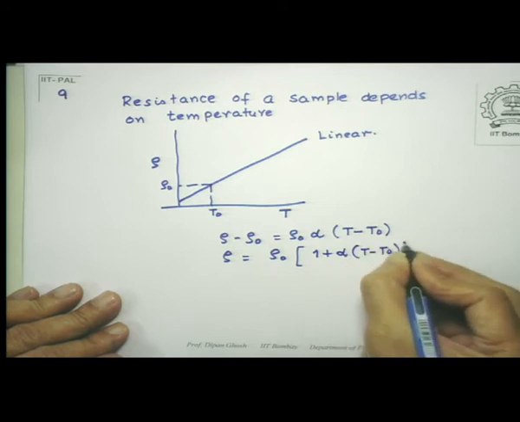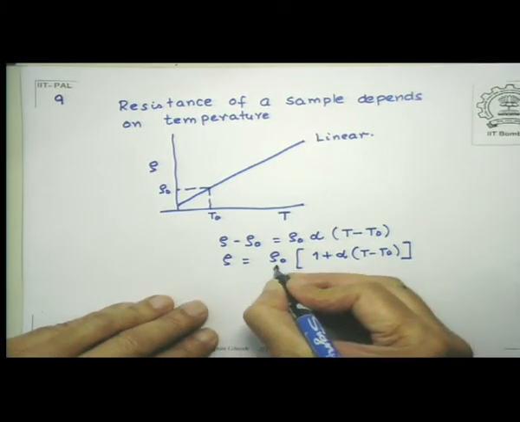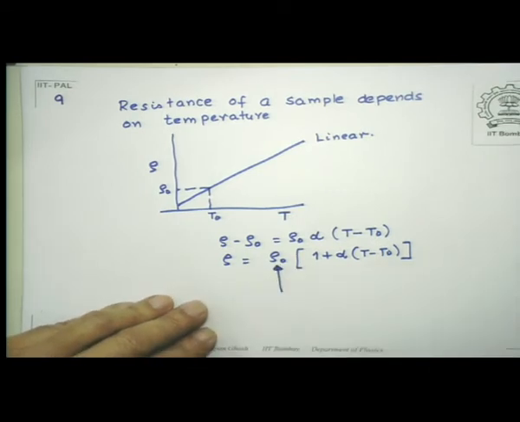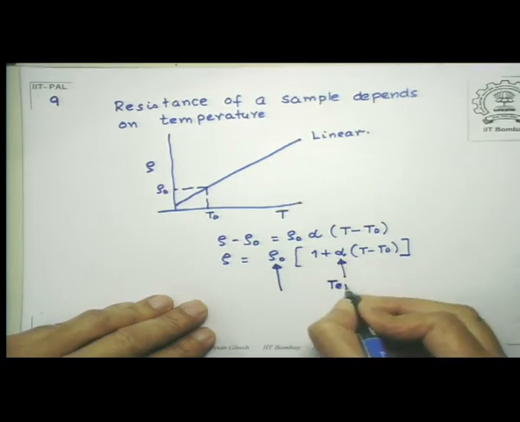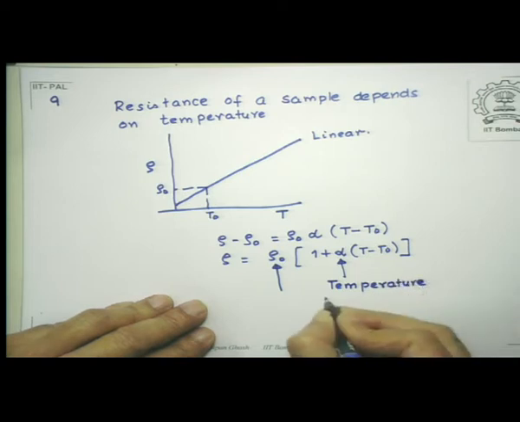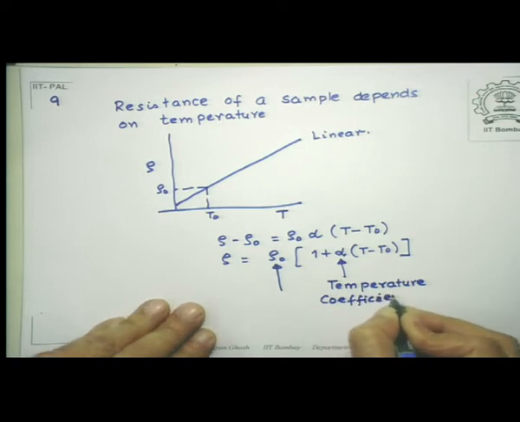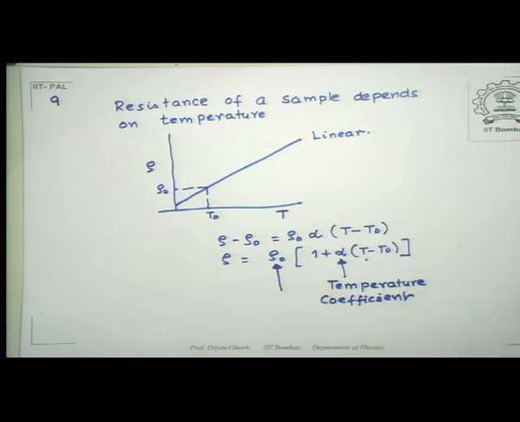Look at this relationship. This is your resistivity at some reference temperature T0. Alpha is called the temperature coefficient of resistivity. And of course, T is the temperature at which you want to find the resistivity.